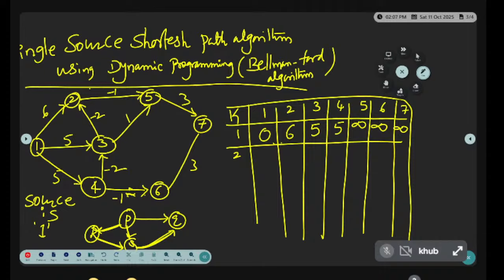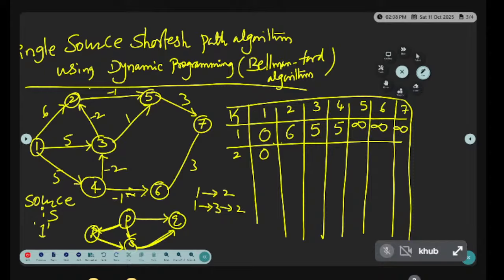With 2 edges, 1 to 1 is 0. With 2 edges, 1 to 2: the direct path, or you can go 1 to 3, then 3 to 2. A 2-edge path exists; we can move from node 1 to node 2 by going first from 1 to 3, then 3 to 2.